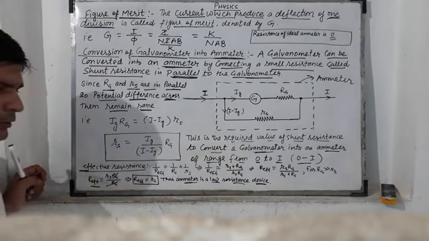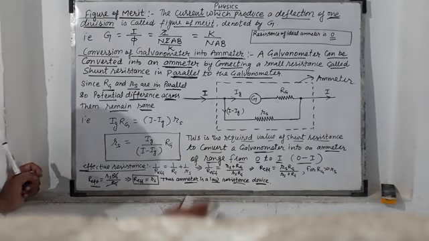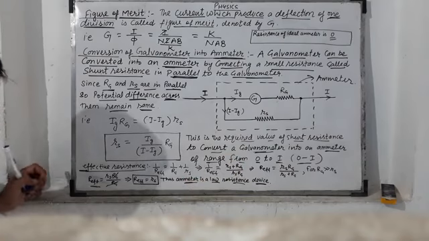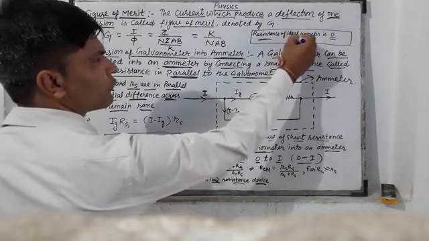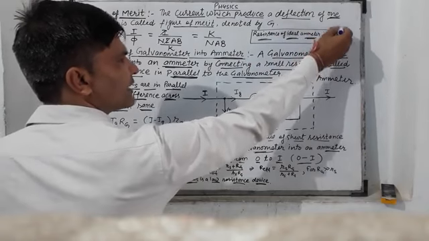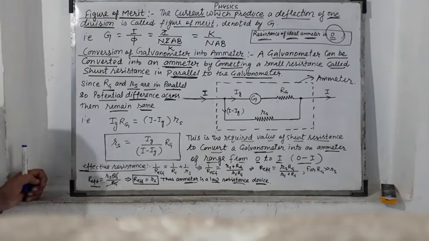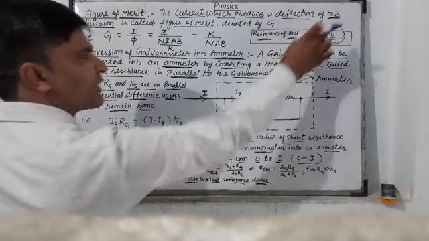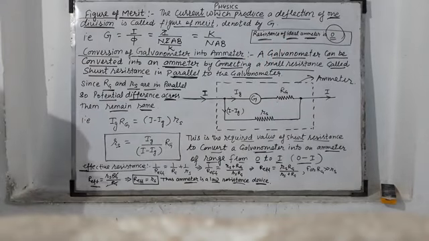The resistance of an ideal ammeter is 0. Always remember this.